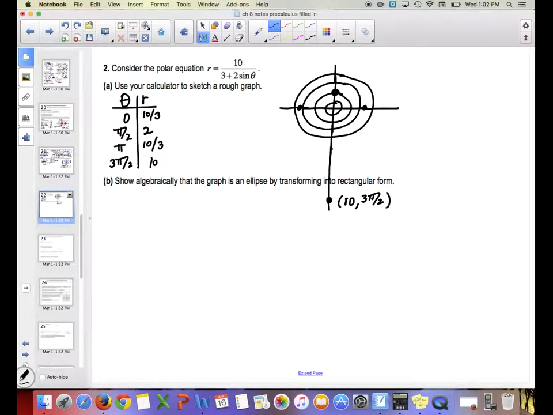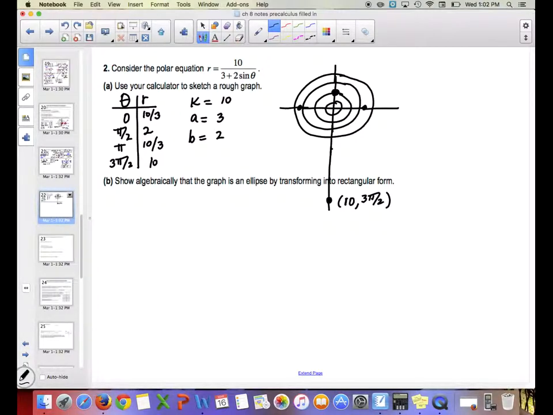It's kind of weird because the thetas are what you're plugging in, so on the t-table I always put it first. Okay, what do we think it looks like? Not quite a circle. I think it's going to be an ellipse, right? It's kind of long. All right, and we can always tell that because we can find the eccentricity. So can you recognize K, A, and B? K is the top one. A is the first one on the bottom.